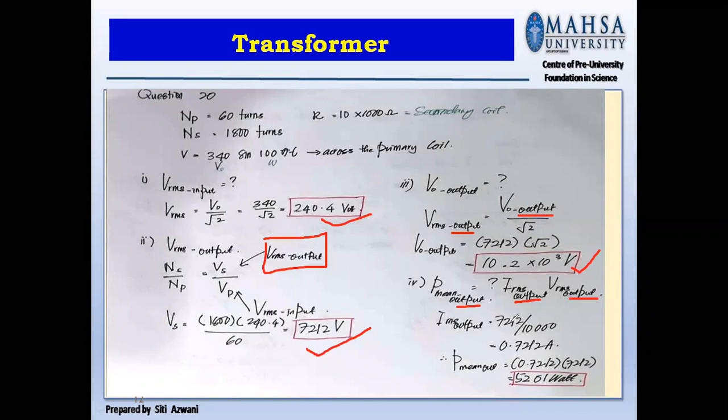Before that you need to calculate the IRMS output: the value of VRMS in the secondary coil divided by R, and you get the current equal to 0.7212 ampere. Then IRMS output times VRMS output, so you got 5201 watt.